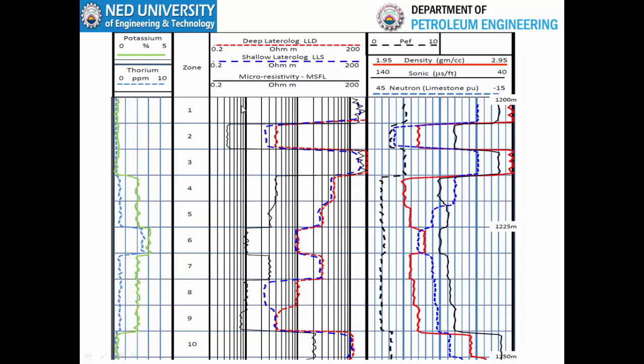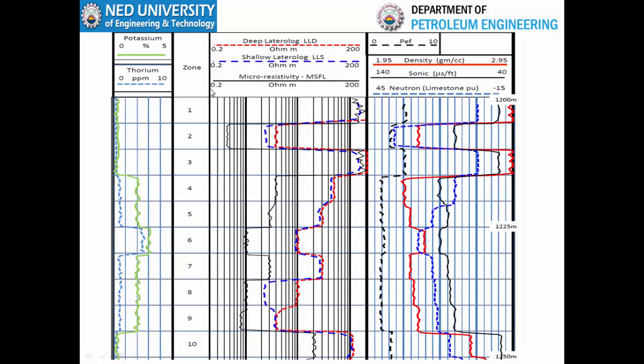For the first cycle, the unit value is 0.1 ohm meter, for the second cycle it is 1 ohm meter, for the third cycle 10 ohm meter, and for the fourth cycle 100 ohm meter.